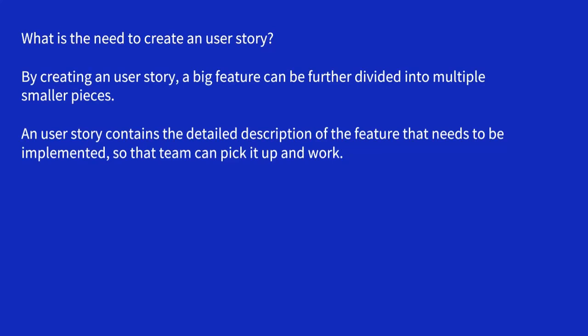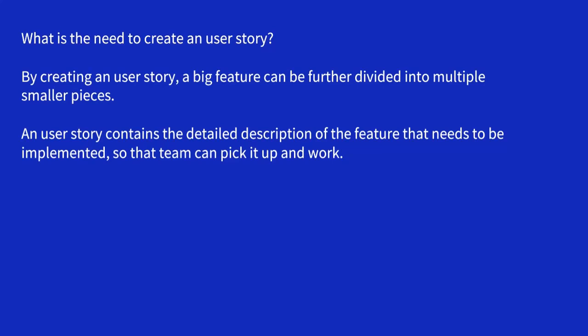Facebook did not get all its features together at once. Step by step they made it. They might have created a user story, and worked on that particular user story for that release or for that sprint. That's how the hierarchy goes.